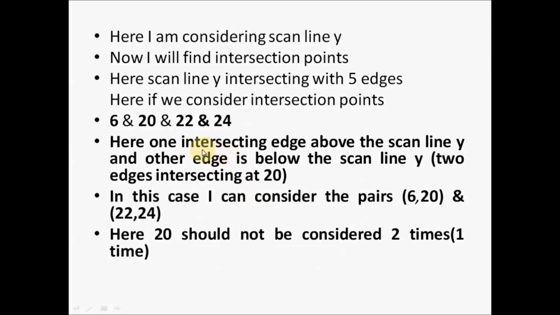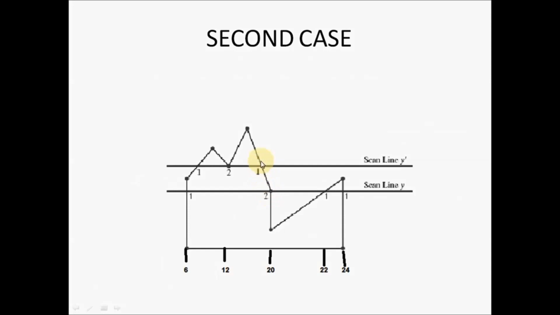In this case, when one edge is above and one edge is below the scan line, in the first case I used the value one more time, that means instead of a single time I used the value twice, but here you have to use the value only one time.